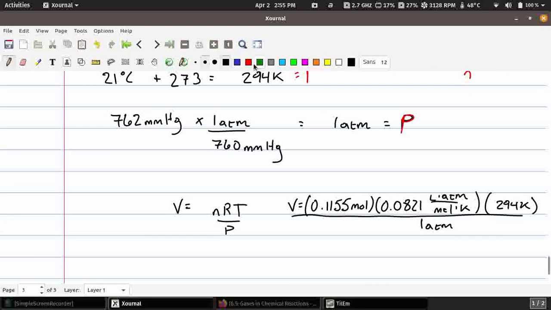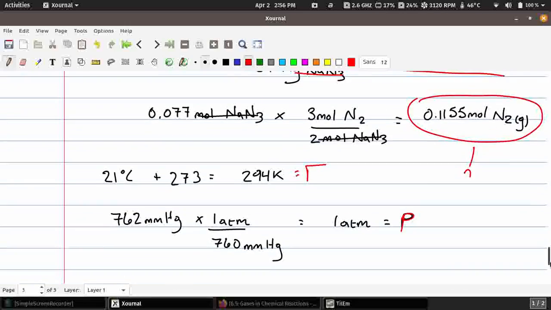So let's cancel our units. Moles cancels, atmospheres cancels, and kelvins cancels, but liters does not, because we're trying to find volume.